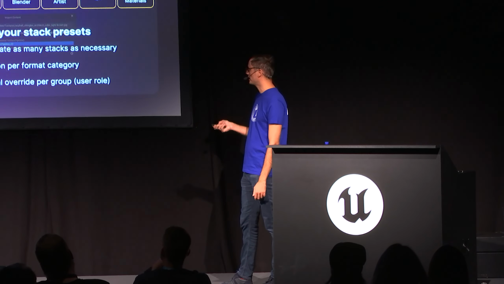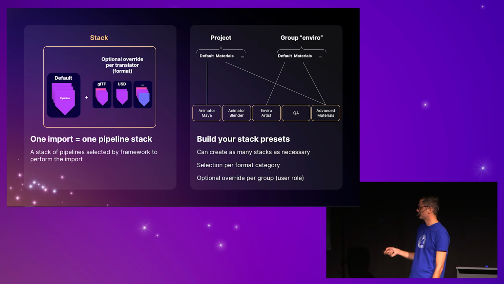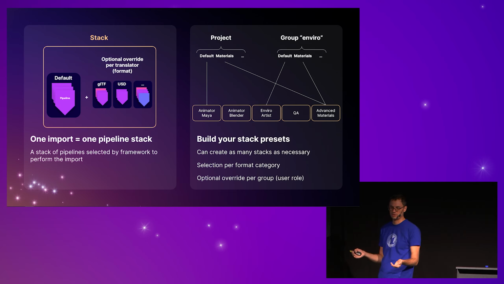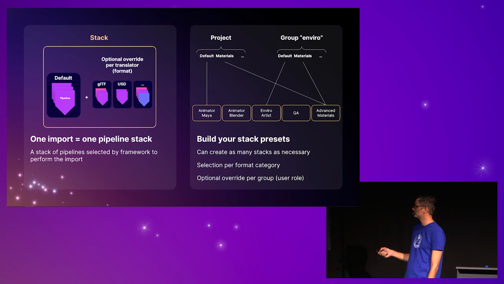And one thing we have added in 5.7 or 5.6, I'm not sure, is a group option, so you can specify which one you want to use depending on a group, that's just a string, so it's just a name. So you could, for example, specify an animator group, an environment group, and then you can specify myself as a user, I belong to the animator group. So because I'm in the animator group, by default, I'm going to use the animator stack, so I get the animator presets.